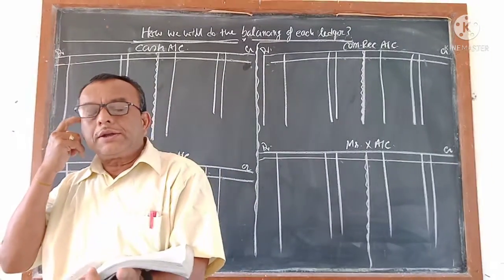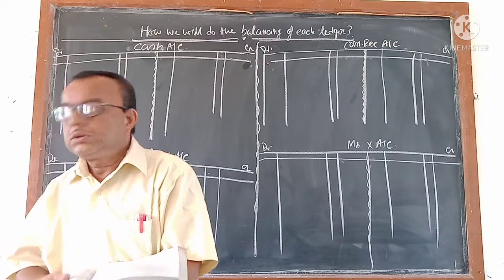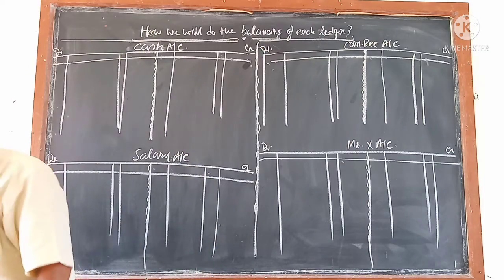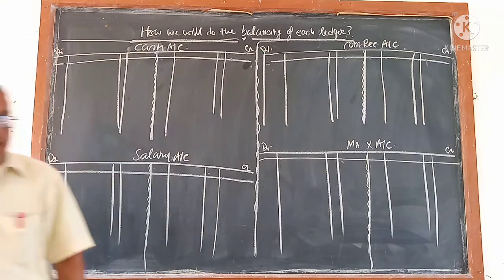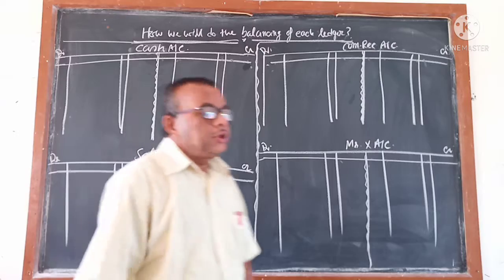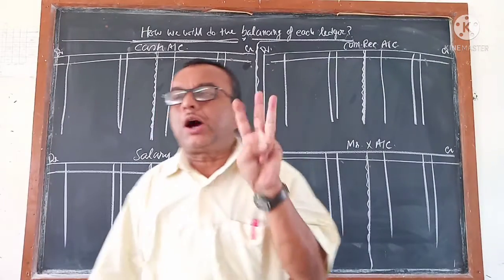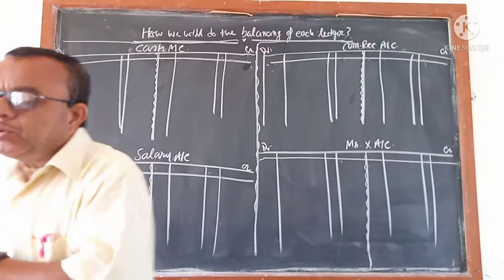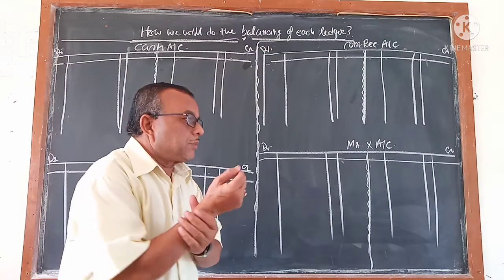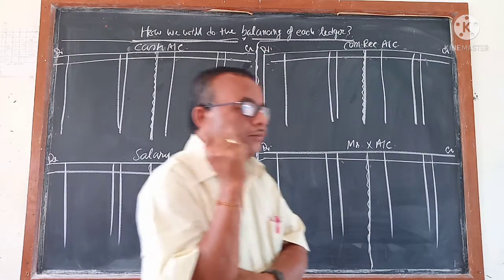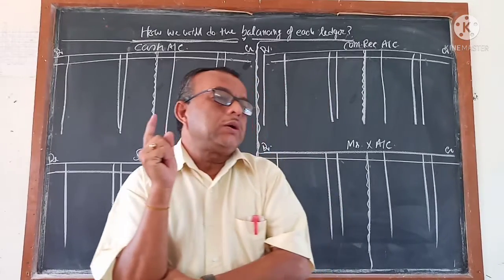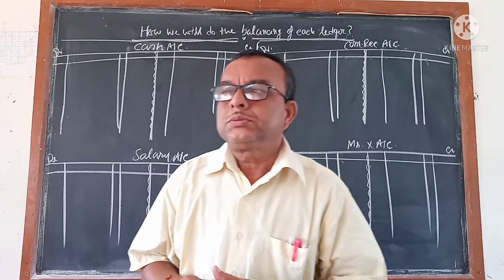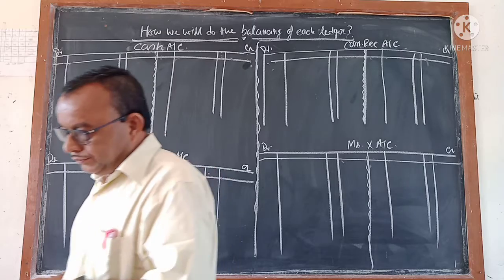When I started this chapter, in the first video I told you the three steps you have to learn from it. One, how to do the posting from journal to ledger.